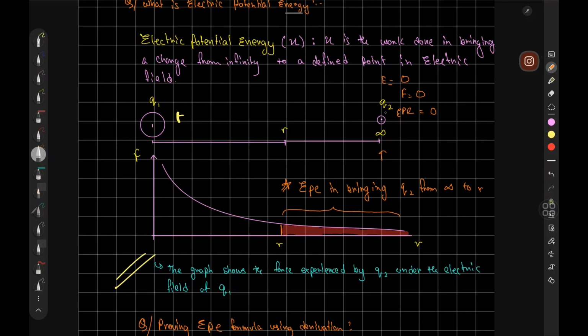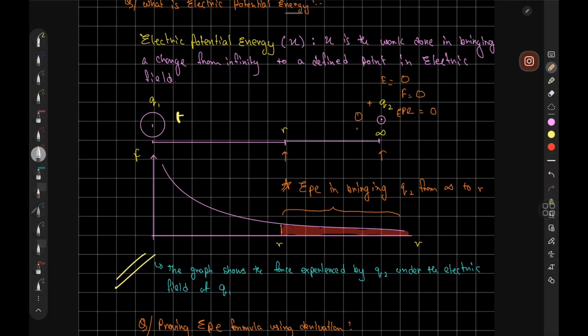However, if you have to push this positive charge to, let's say, R, you have to do work on the charge. This is not going to attract the charge. Now you have to put in energy. You have to give it energy from infinity to R. You are doing work on the charge, because these are going to be repulsive forces, and these charges want to move away from each other.